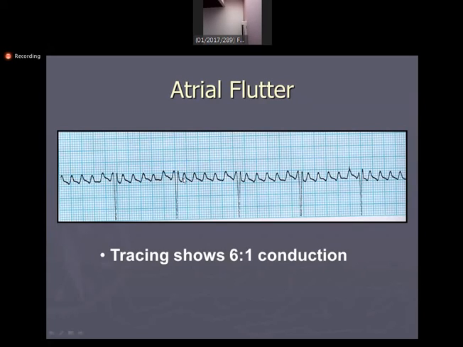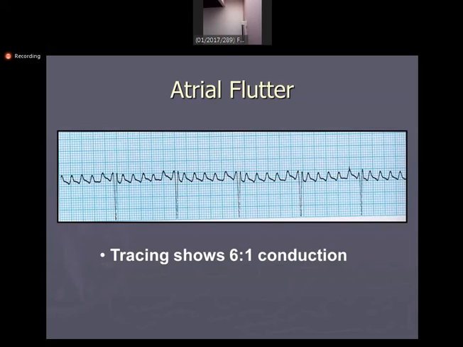So in this ECG, the ventricle is contracting 50 times per minute, but the atria is contracting 300 times per minute.